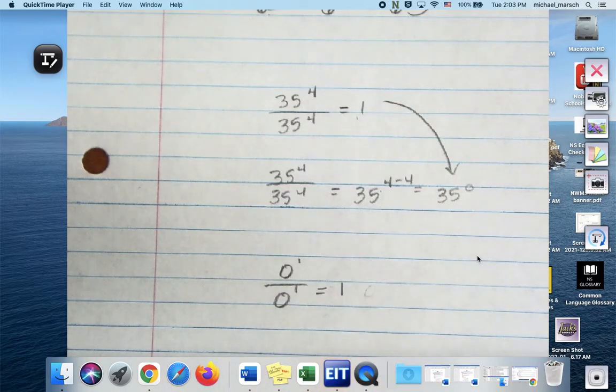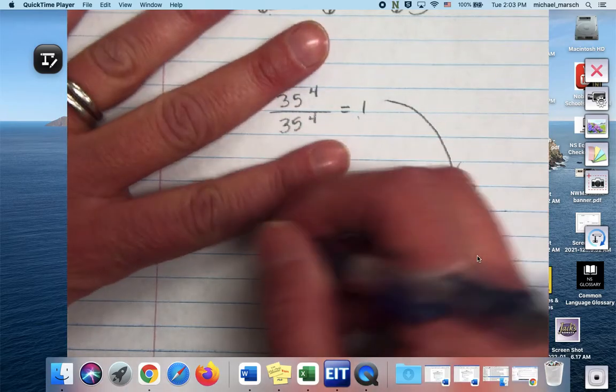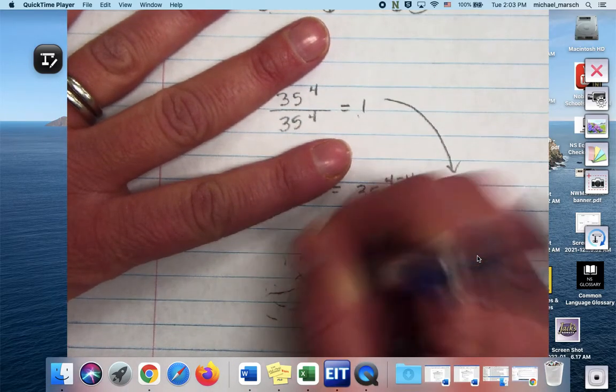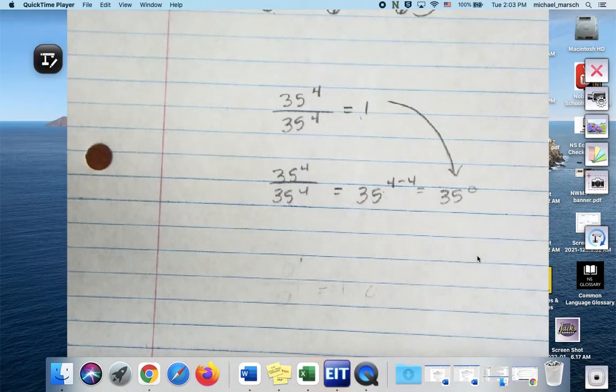I kind of got the other ones, but then when you said 0? Anything divided by itself is 1. But why 0? Just is. I don't know what to tell you. When you put a bracket on 0, it says error on the calculator because it's not taking it.